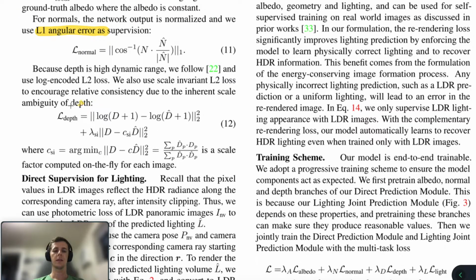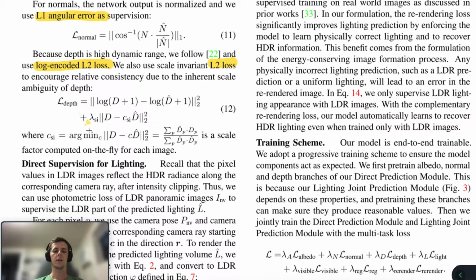For depth, they have this log-encoded L2 loss since the depth is high dynamic range, and also another L2 to encourage relative consistency. And that's one part of the losses.